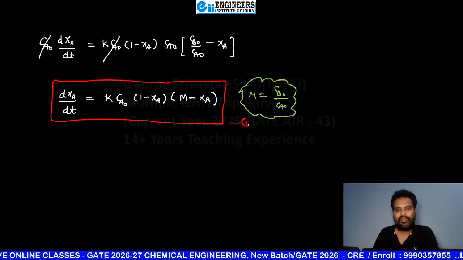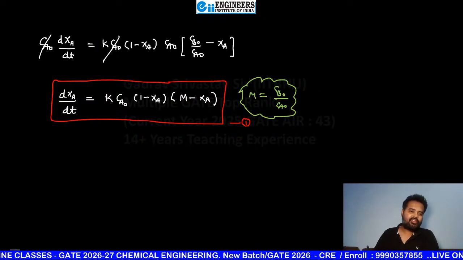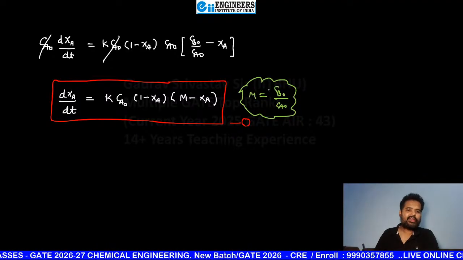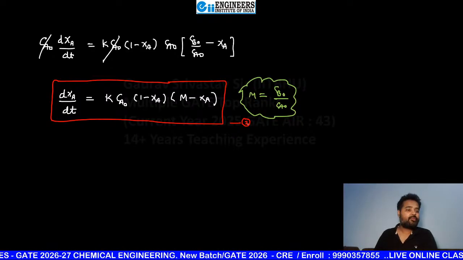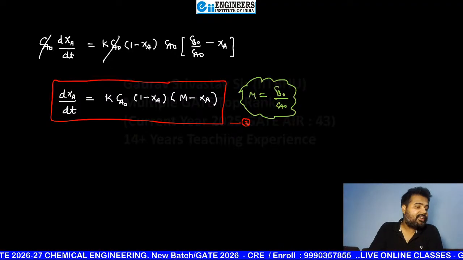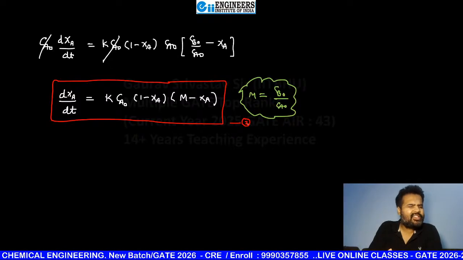You have to solve this equation number 1. No, this is your second equation, one already assumed by us. Can we write R is equal to minus dCB by dt? No, that will be minus RB. And R is equal to RB here.